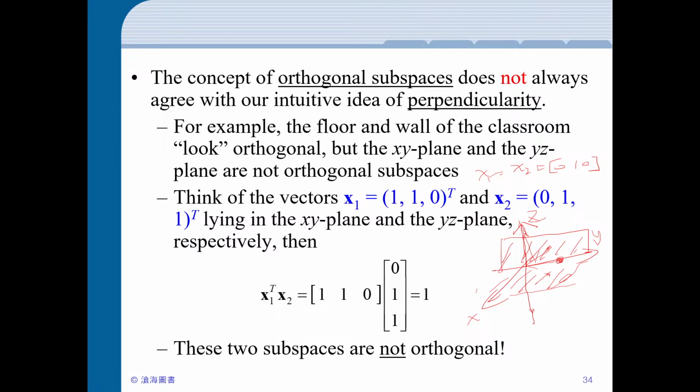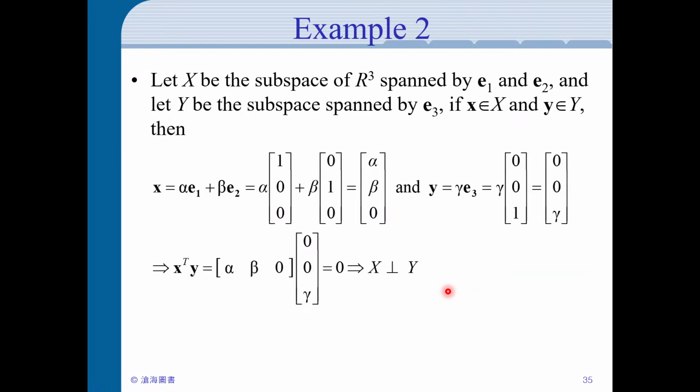So be a little careful about orthogonal. Orthogonal is very strict. Two orthogonal spaces need to have no overlap. That's actually a theorem we'll see later, but probably not today.